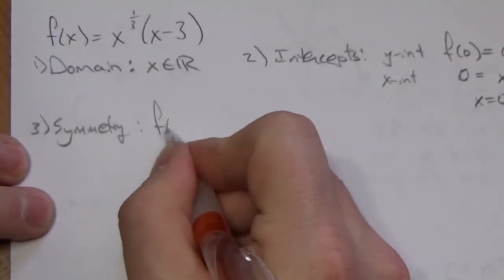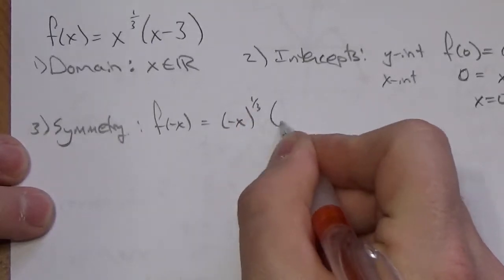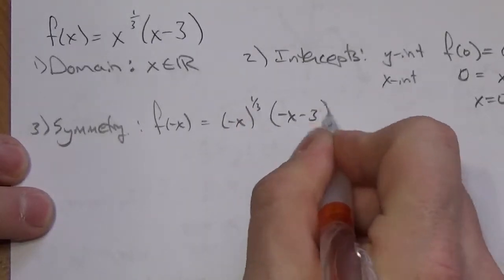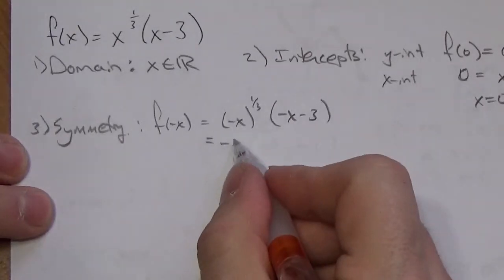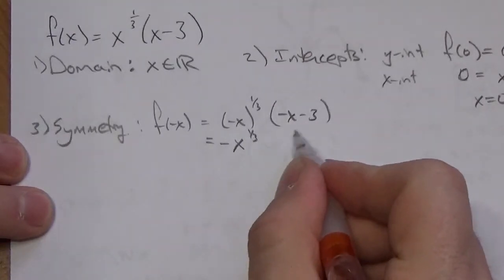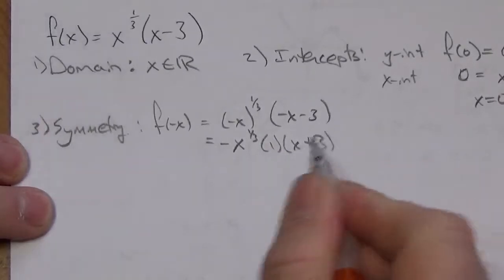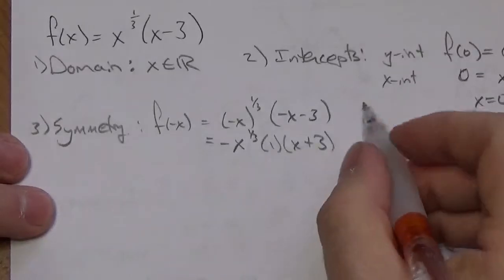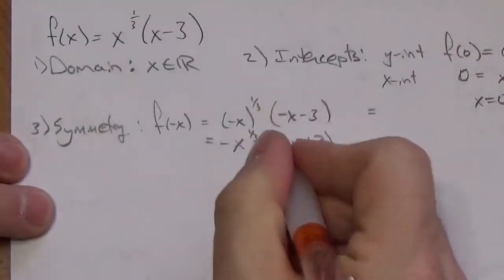Okay, let's take a quick look here at symmetry. If I plug in negative x, that will be negative x to the 1/3, and then negative x minus 3. The negative can be pulled out of that cube root, and I can factor the negative out of here, but that is going to change the function here. Oh, sorry, I should have taken the negative one out there.